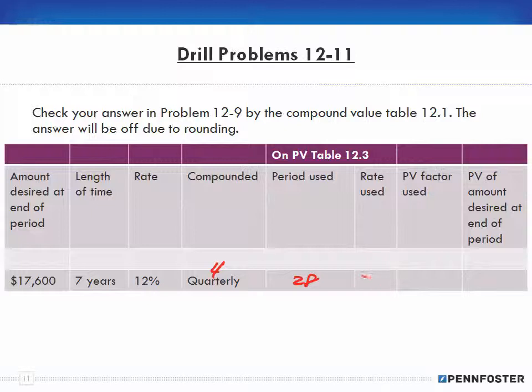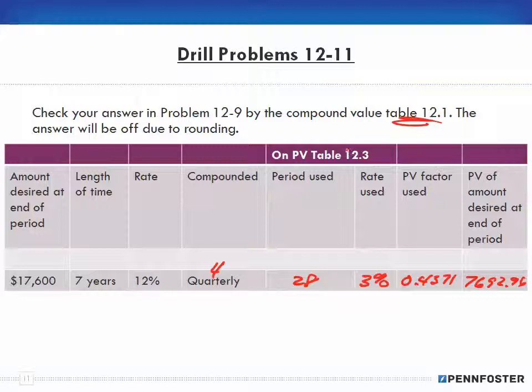So the rate used was 3%, and the factor was 0.4371, which gave us an amount of $7,600.692.96.